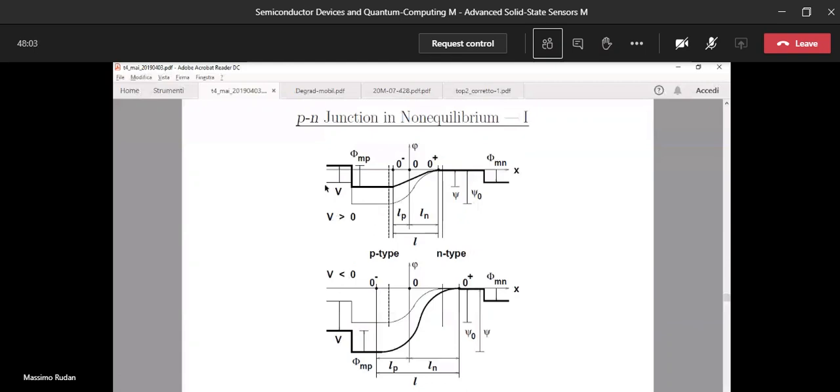So the thin line is the equilibrium case, the same as the previous page. The thick line is the new case, okay? So we apply V and we push the horizontal line that used to be here at equilibrium, we push it up by the amount V.